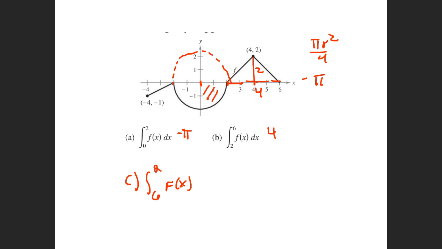I'm going to go with 4 here, unless I did something wrong there. 1, 2, 3, 4. So the base is 4. The height is 2. So I'm going to go with 4 because a triangle is base times height divided by 2. And then this one would be just the opposite of it, so that would be negative 4, right?